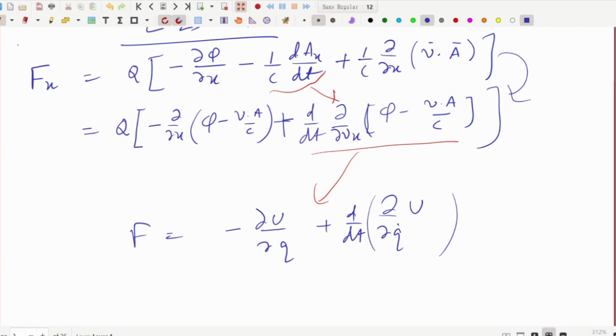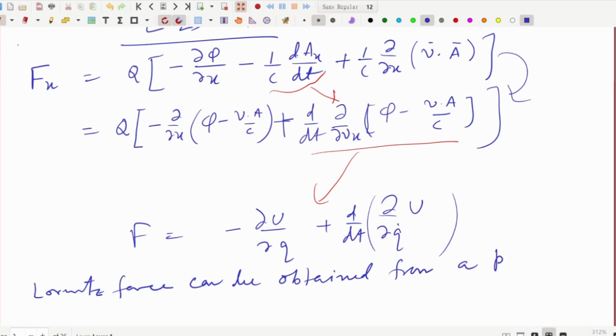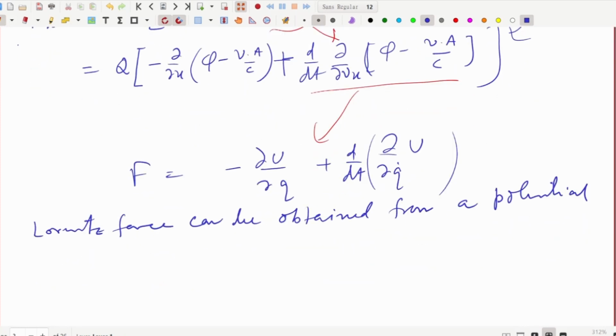So the conclusion is that we have written only the x component, but from this result I can conclude that the Lorentz force can be obtained from a potential U, which is phi minus v dot A by c.